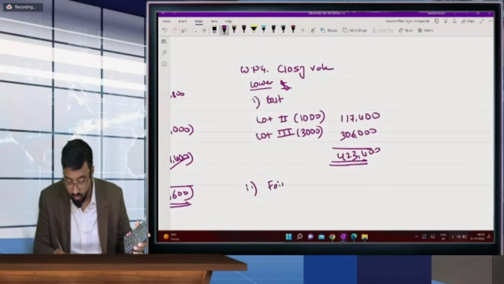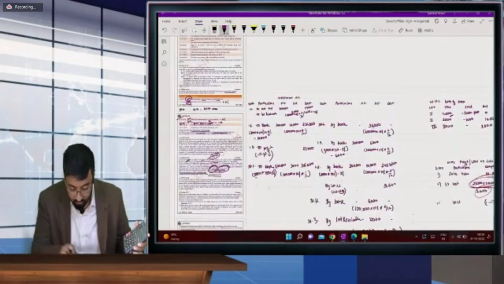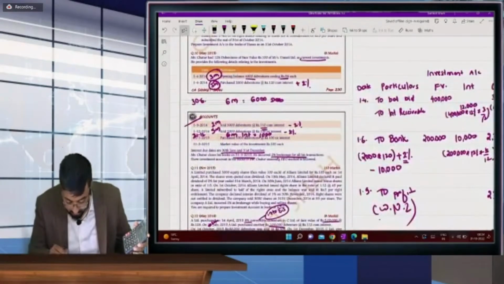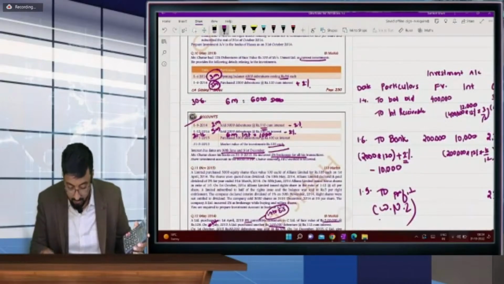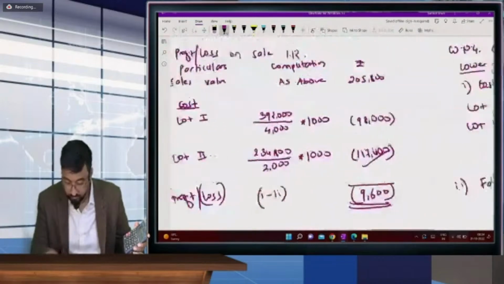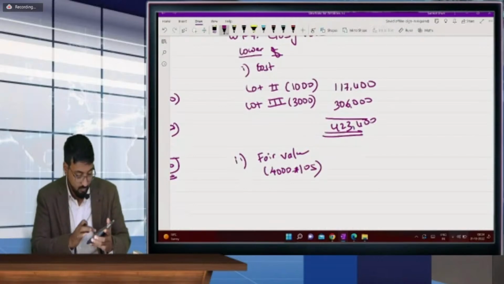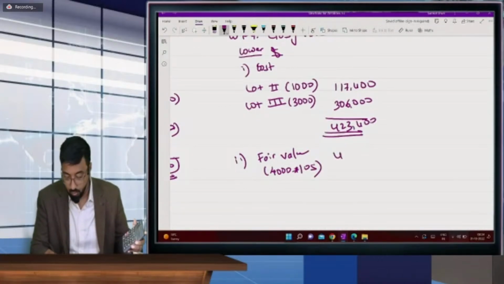And fair value or market value. Fair value is 105. 4,000 into 105, 4,20,000.